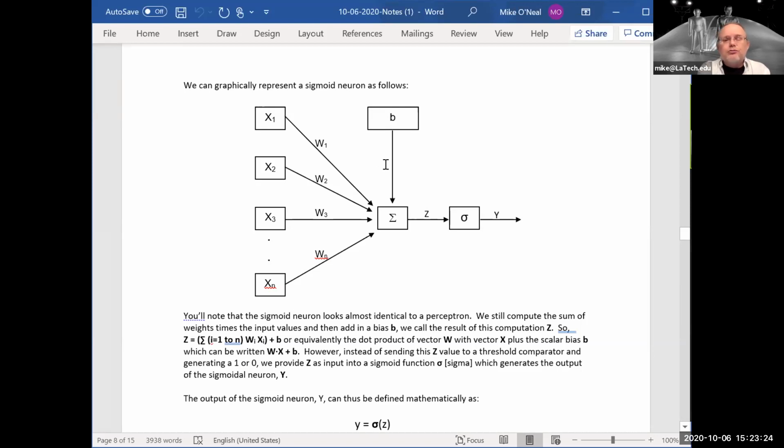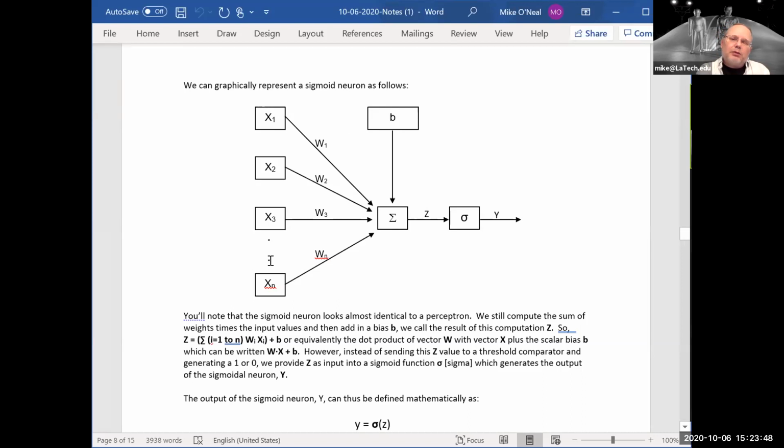Originally when we introduced the perceptron, we had a threshold that was kept separately. Well, now we have something called a bias. It's essentially exactly the same thing as a threshold, okay? But we've got a bias.